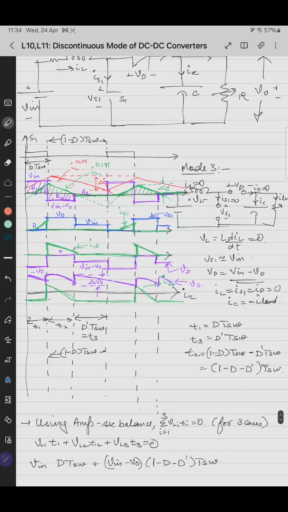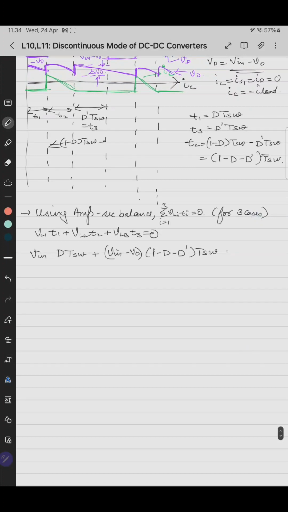What is VL3? VL3 is 0. So no term will be here, equals 0. So T switching will be cancelled. The remaining terms are Vin D equals Vin minus V naught into, or it will be reversed, V naught minus Vin into 1 minus D minus D dash.